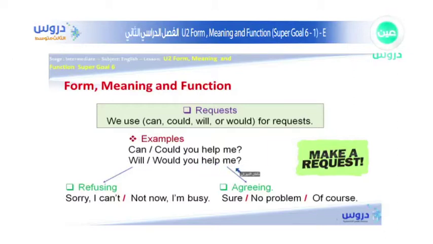If you are agreeing, you want to help him, for example, you can say sure or no problem. Maybe you can say of course. If you are refusing, you disagree, you can say sorry, I can't. Or not now, I'm busy.